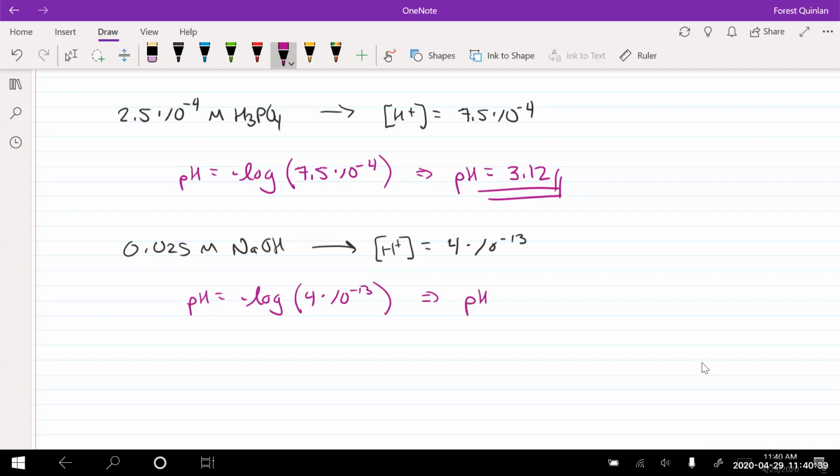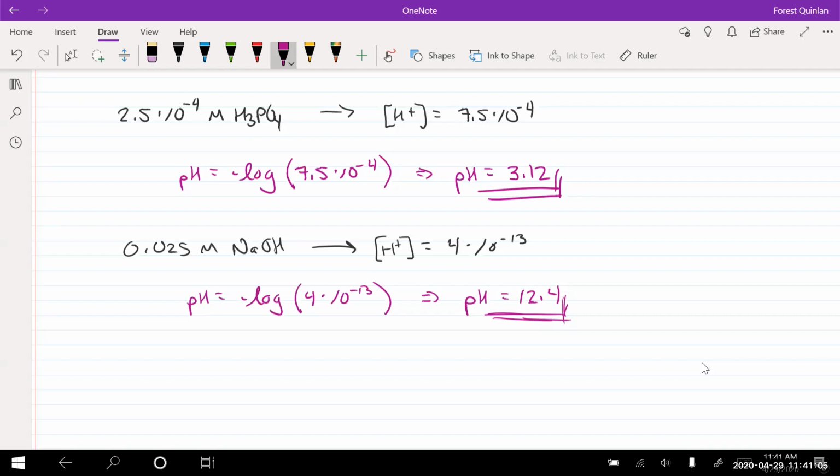That should give us a nice basic pH of 12.4. Now that makes sense. Big numbers are for bases. Bases are big numbers. This is sodium hydroxide. Our pH should be somewhere in the big numbers, and 12.4 is big.